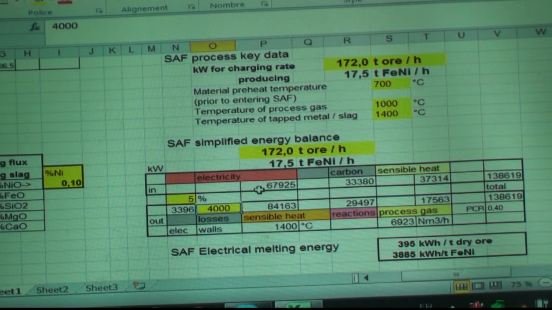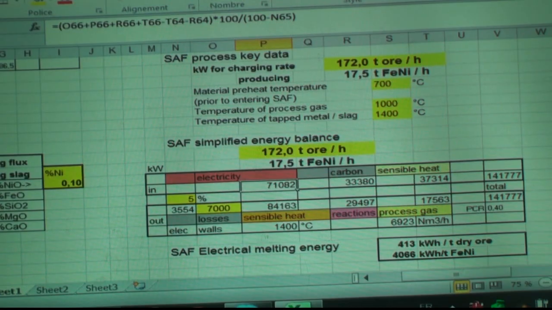So meaning it's a much bigger furnace. So we have to increase the losses as well. No? You agree? I don't know how much, but like this. And then the power required is 71, and this is coherent with what they say. They say peaks of 90 megawatt. Peaks. Yeah.